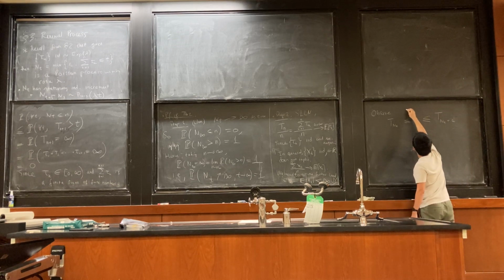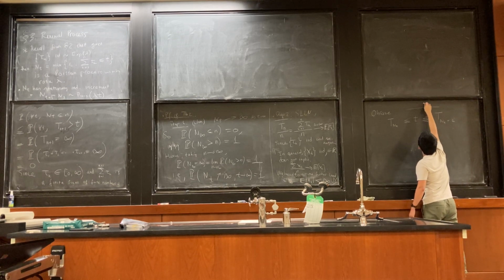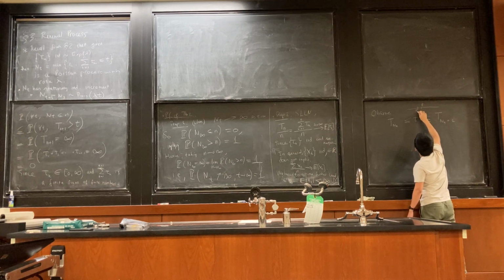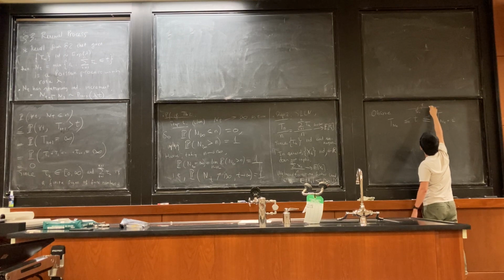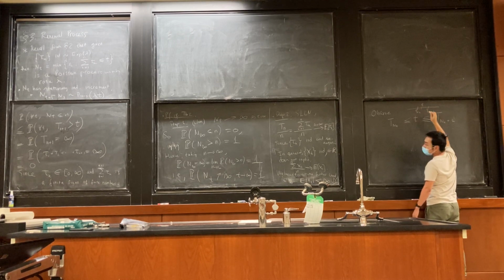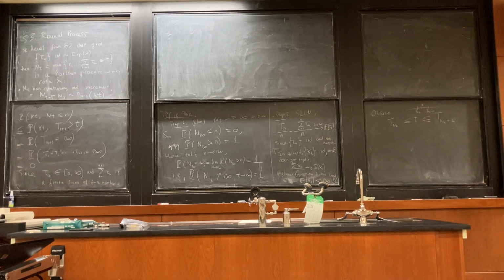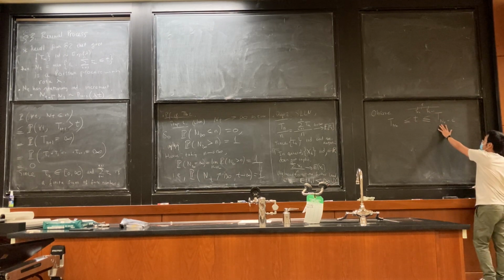This is clear, right? The last arrival before time t is this time, and the next one has to be after t. The arrival of the N_t-th guest has to be before t, and t is before this next arrival time.